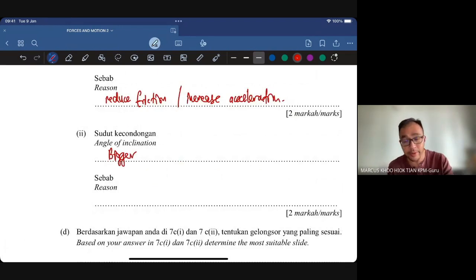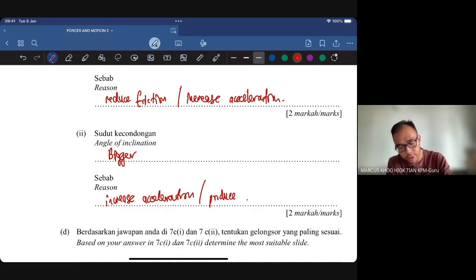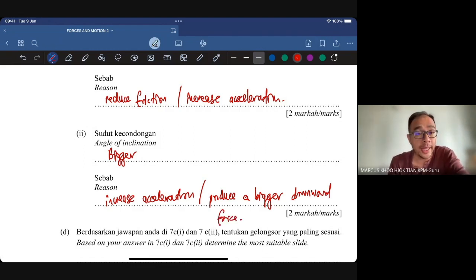Bigger angle of inclination, because the higher you are, the faster you can go down. So you can increase acceleration, or like the lawnmower just now, when you have a bigger angle, you can increase the downward force. Produce a bigger downward force. And when you have a bigger downward force, then you slide down faster. And when you slide down faster, you have more fun.